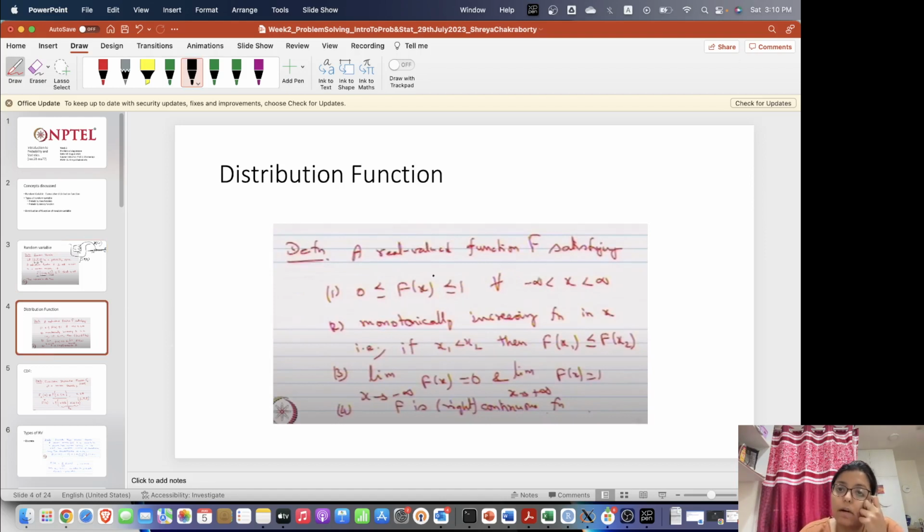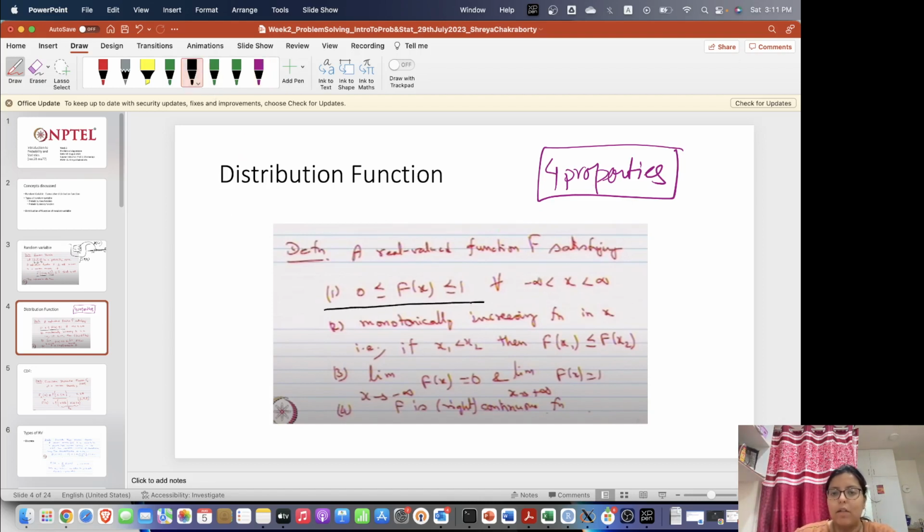Then we also learned what we mean by a distribution function. These are 4 very important properties which we'll need to solve the problems. What are the 4 properties? The first one is that it should lie between 0 and 1. The second one is that it should be monotonically increasing, where whenever x1 is less than x2, F(x1) should be less than or equal to F(x2). We have to be very careful, it has to be less than or equal to.